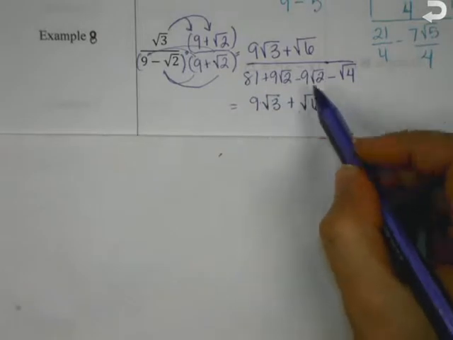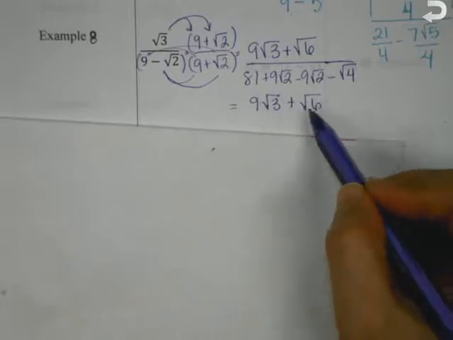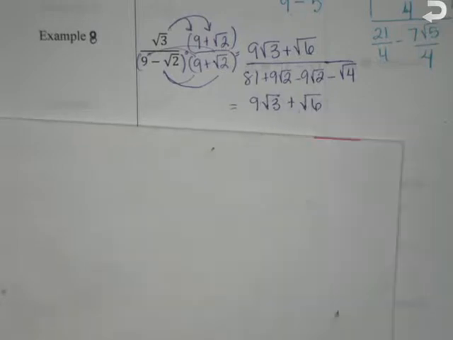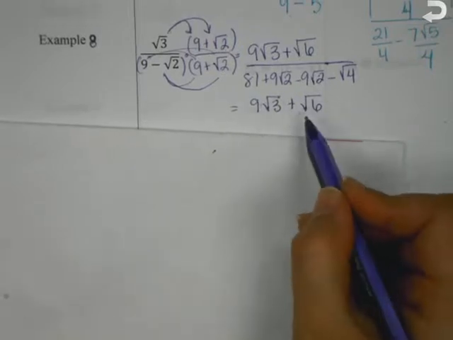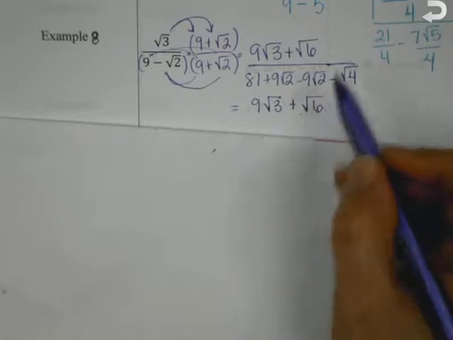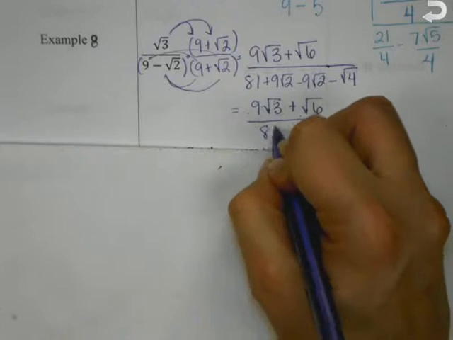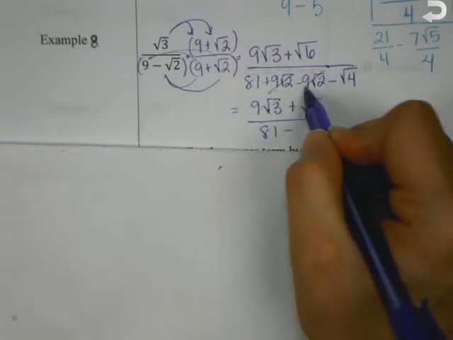And we will do problems like that later. So right now, just know that we have to leave them separate because this is a root 3 and this is a root 6. And that's going to all be over 81 minus 2. So that's 9 root 3 plus root 6, all over 79.